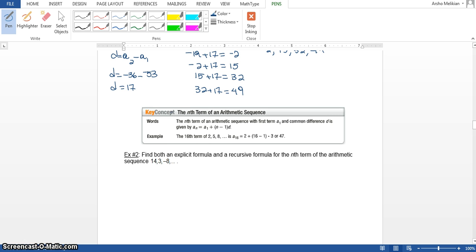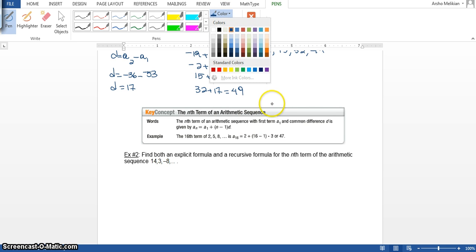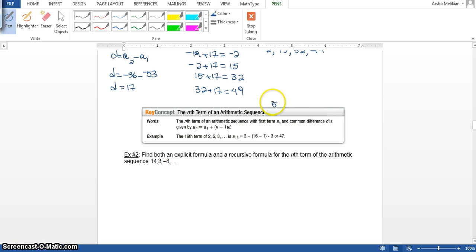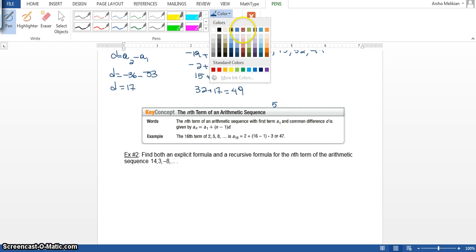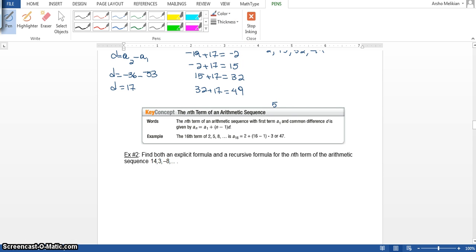If we keep up with this reasoning, if you start with a value, let's say the first term of the sequence is 5. And if d is 3, then we're going to keep adding 3 to each of our terms, right?